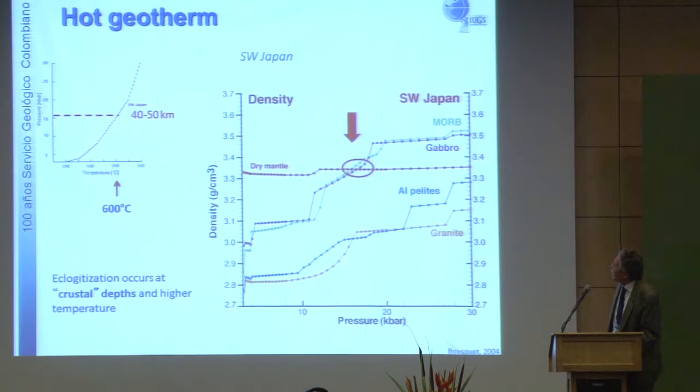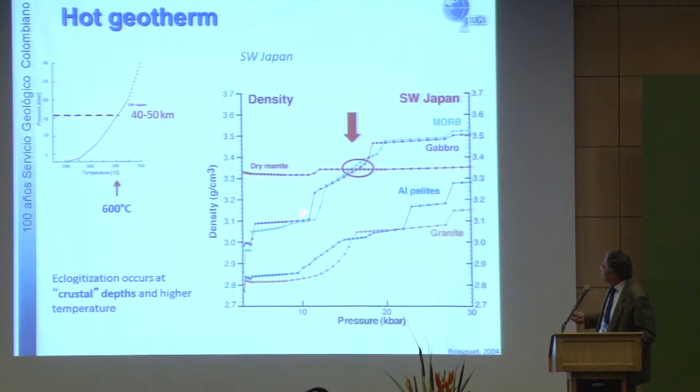Let's look at the hot geotherm as it is found in southwest Japan. There you see that both mafic compositions, gabbroic or basaltic, are crossing the dry mantle conditions at even shallower depths, 40 to 50 kilometers. So that's almost crustal depths and at even higher temperatures.